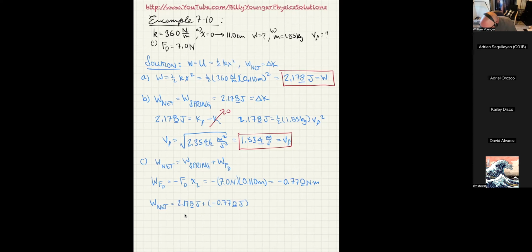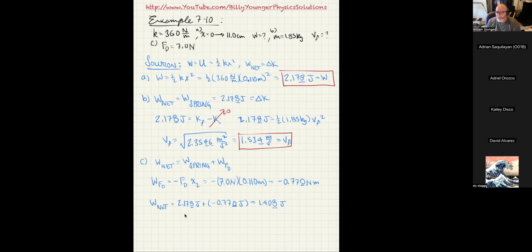So I'm going to take 2.178 and subtract from it 0.77. And of course, that only allows us to the second decimal place to be sig figs. So 2.178 minus 0.77 gives us 1.408. But that 8 cannot be a sig fig. And that's the net work done.